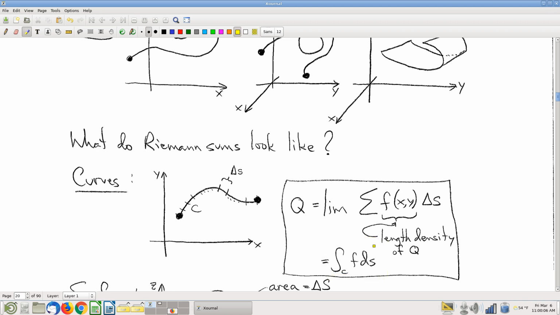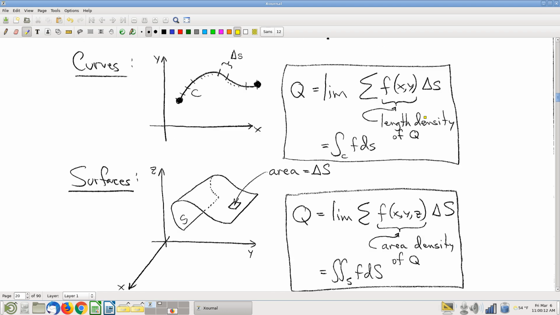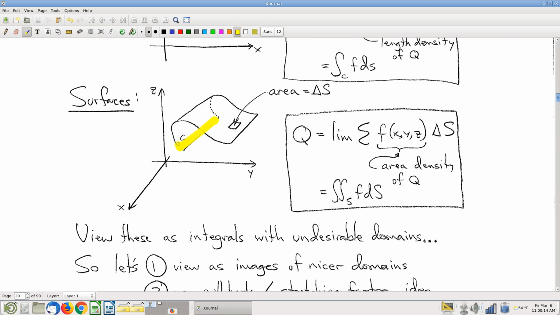Likewise with surfaces. So, up here, if you have some surface in space floating around like that, well, same deal. You can chop up that surface into little pieces.